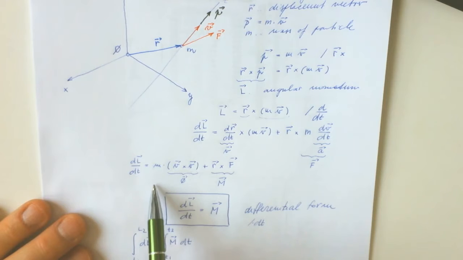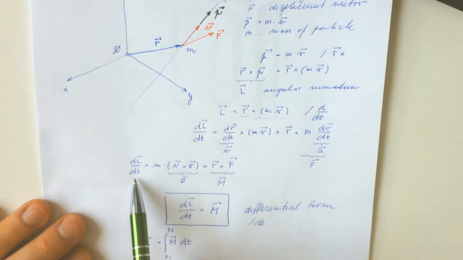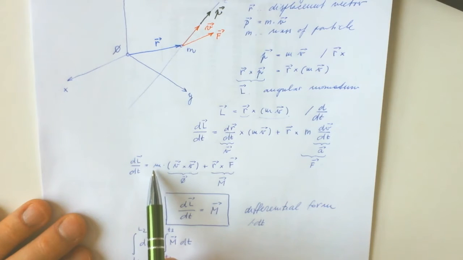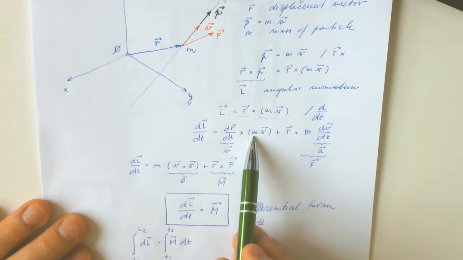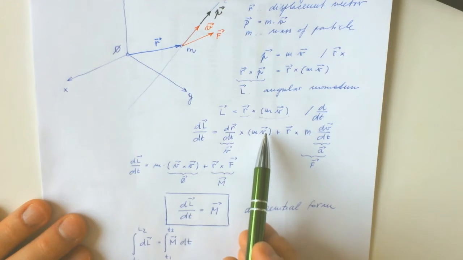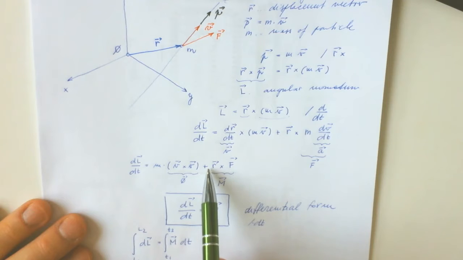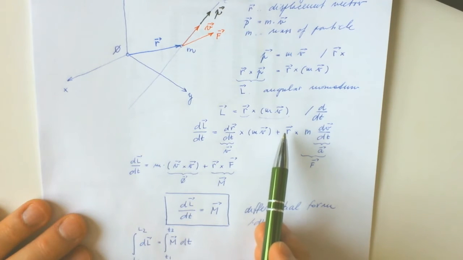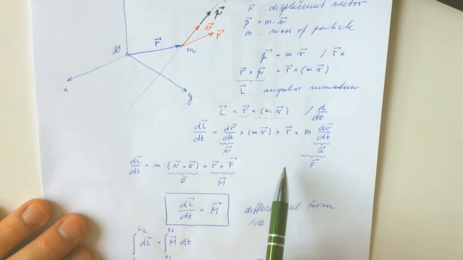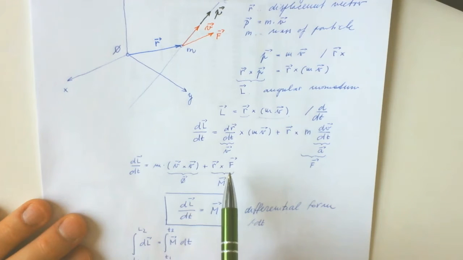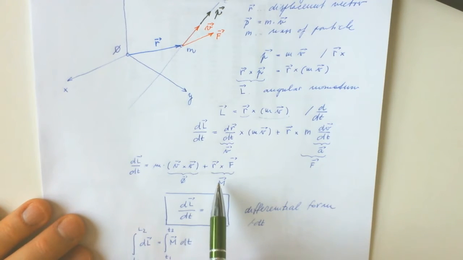So we can rewrite this equation into this form. dL over dt is equal to m by velocity by velocity by vector multiplication, plus r from here by force. And we also know that r, displacement, by force is a moment. It is a moment of external forces.